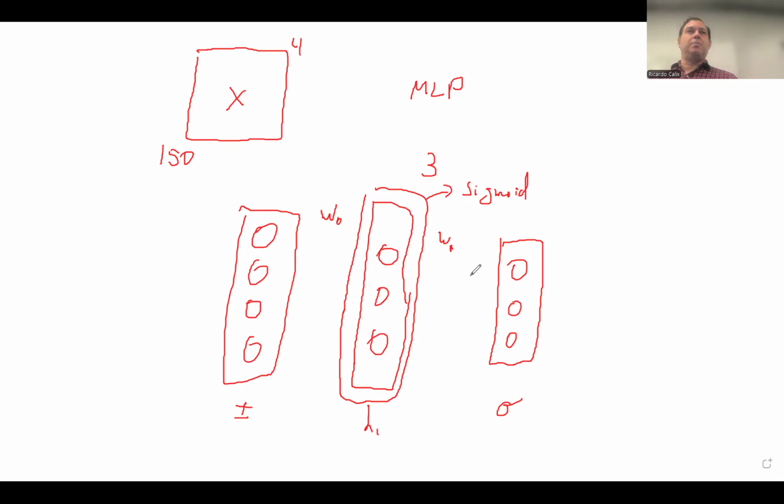So this vector times that plus the bias produces this vector. And these values have to run through the softmax. Remember? So these two activation functions, let's look at them. Essentially, we have sigmoid and softmax.